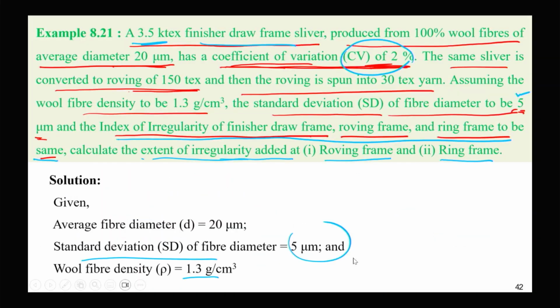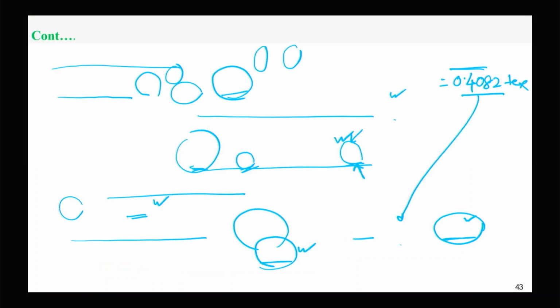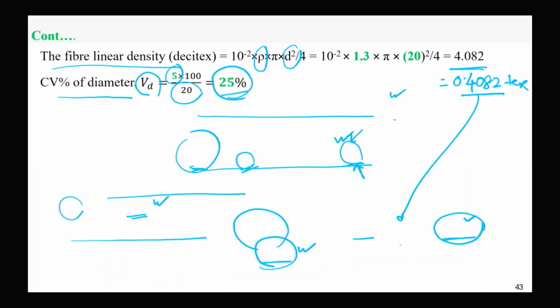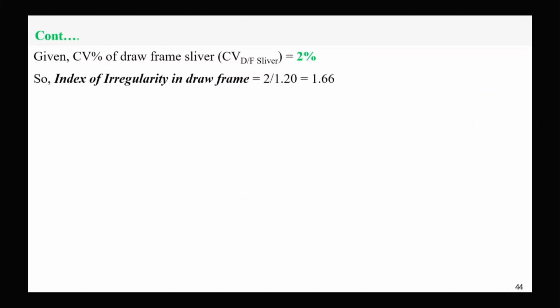So the question which was asked is the index of irregularity, and the condition was that the index of irregularity for all these processes is the same. So calculate the extent of irregularity added. First we have to calculate the index of irregularity.